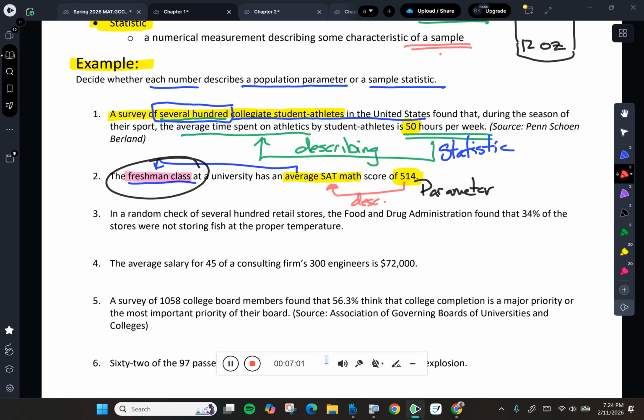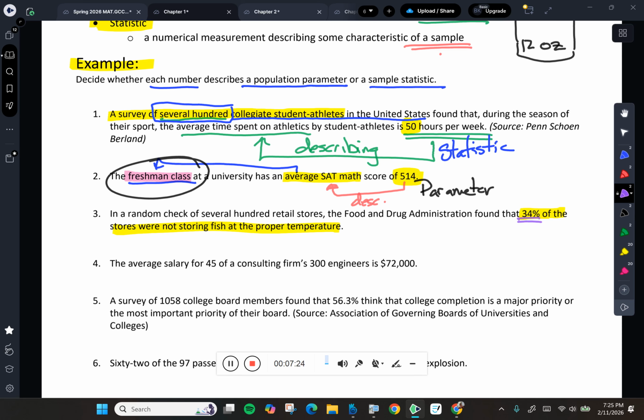In a random check of several hundred retail stores, the Food and Drug Administration found that 34% of the stores were not storing fish at the proper temperature. Beyond the fact that that's ew, there's our number, our numerical measurement that is describing something.